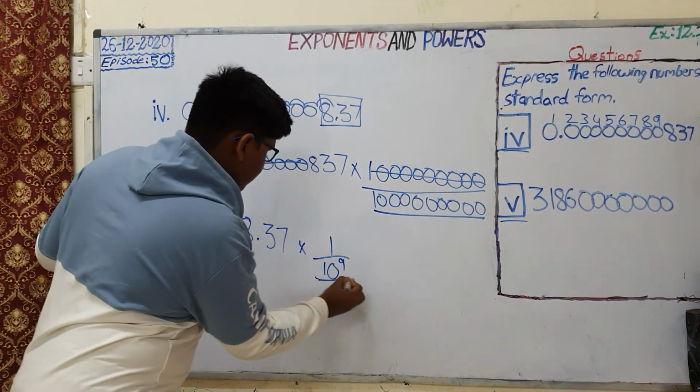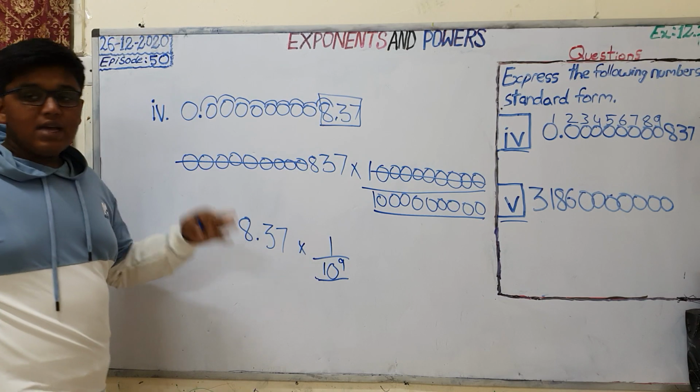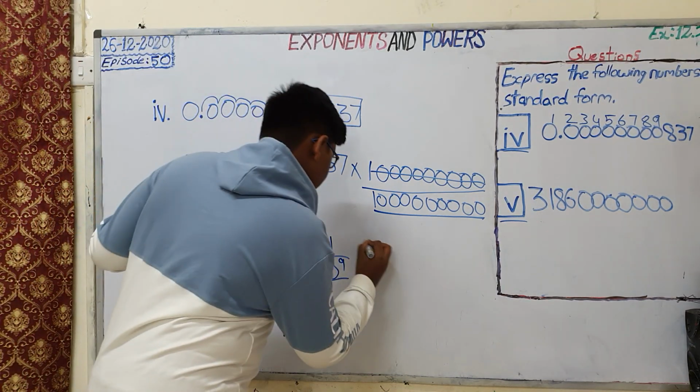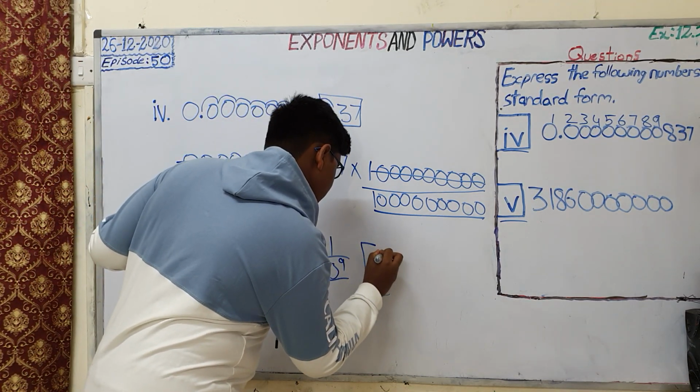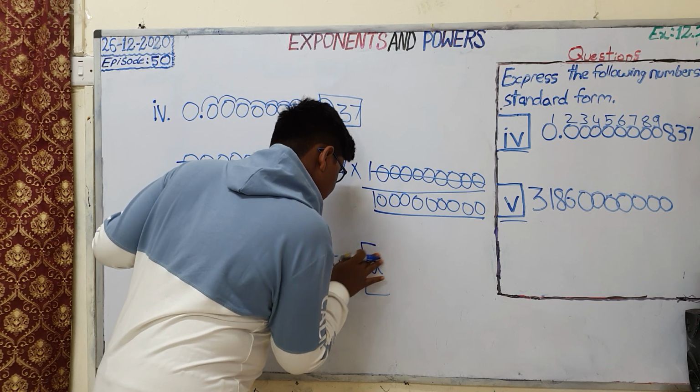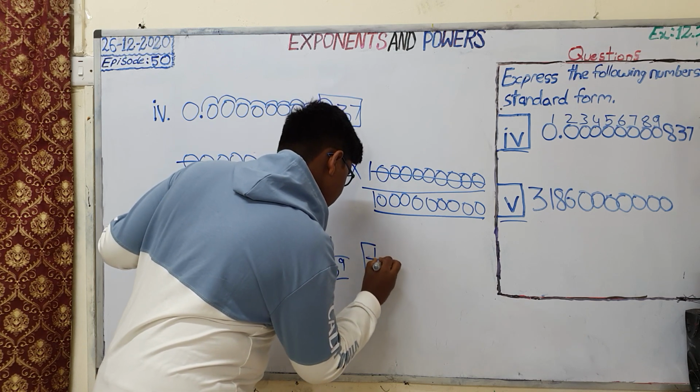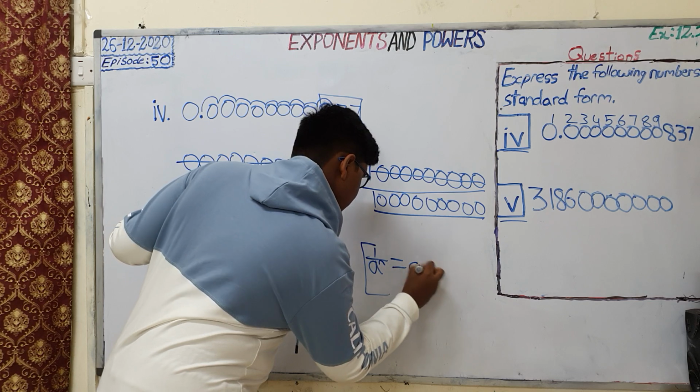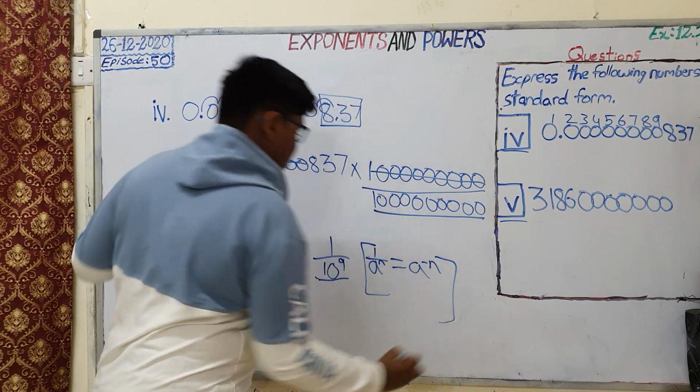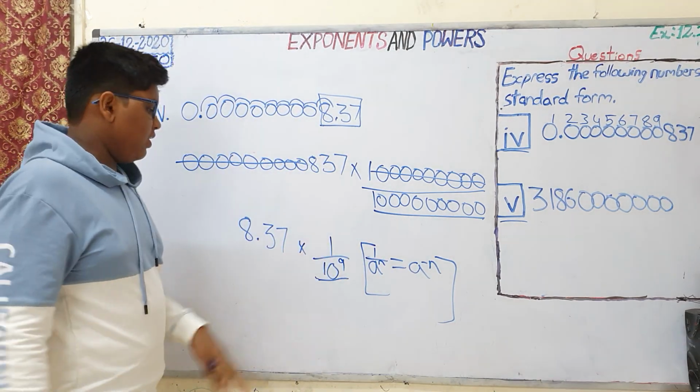This 10 raised to the power 9 will transpose as the numerator by using this property, 1 by a raised to the power n is equal to a raised to the power minus n. We are going to use this property in reverse.